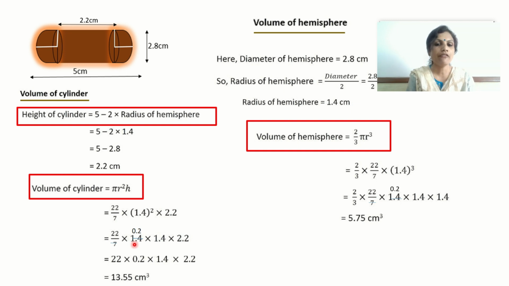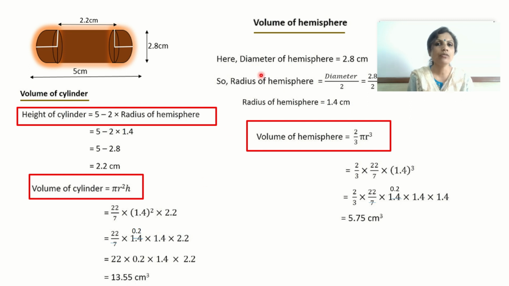So we are left with 22 into 0.2 into 1.4 into 2.2. And if you multiply all these terms, answer is 13.55 centimeter cube. So volume of cylinder is equal to 13.55 centimeter cube.